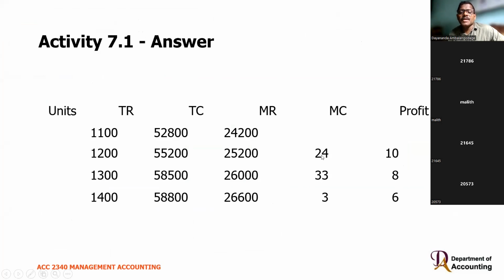So how do you get the MR? MR is from this particular TR, the difference between 55,200 and 52,800, the difference divided by 100. So you get 24. Likewise, the difference between these two cost levels divided by 100, you get 10. Likewise, you can calculate the point where your profit is maximized.